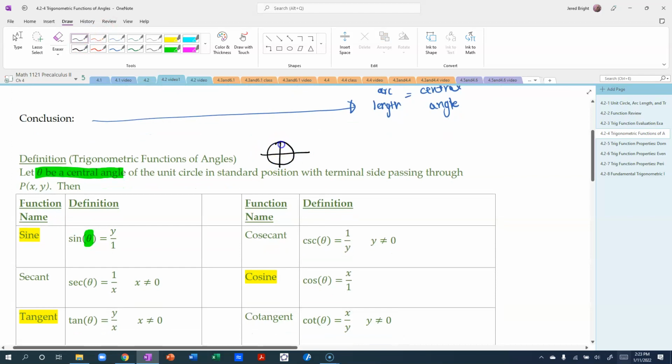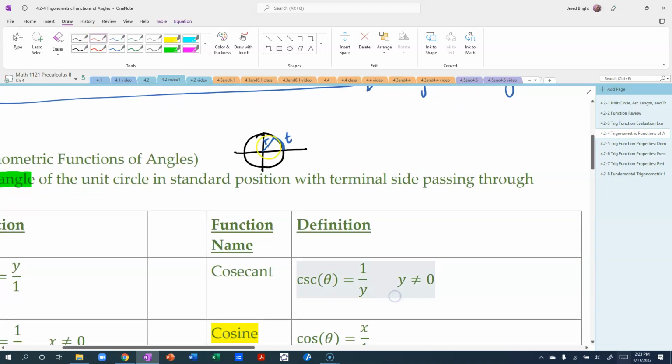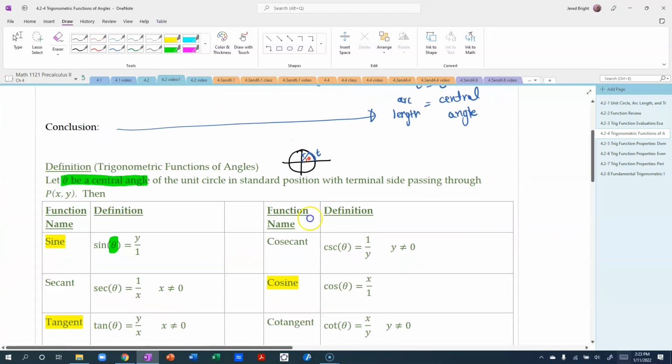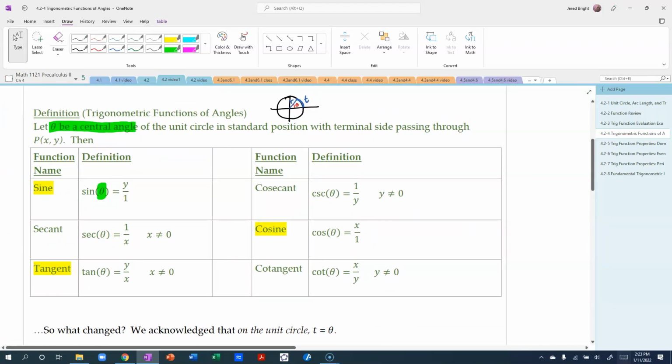If we have a quick little drawing here, we have an angle like this. This would be our arc length T. This is R, and then if I zoom in here, this central angle would be the angle from the positive x-axis. Okay, so there we go.